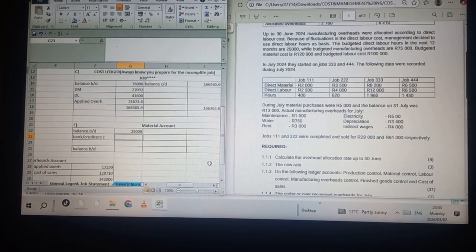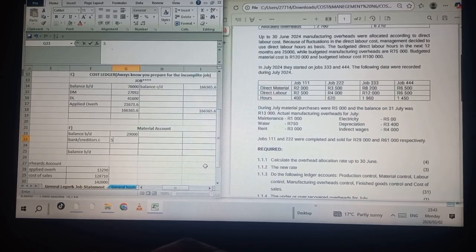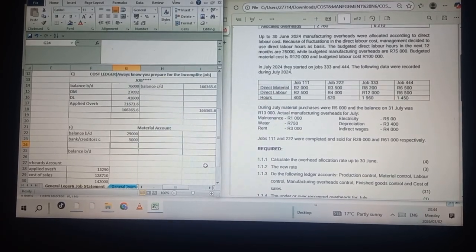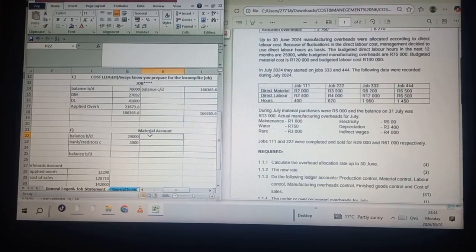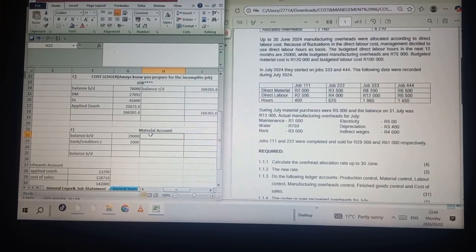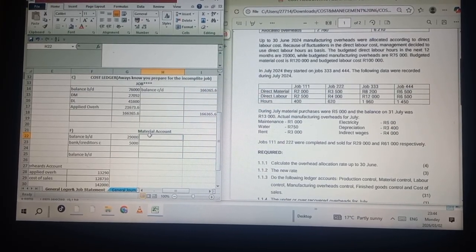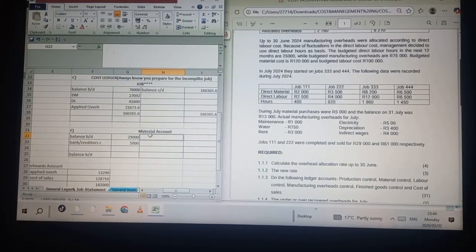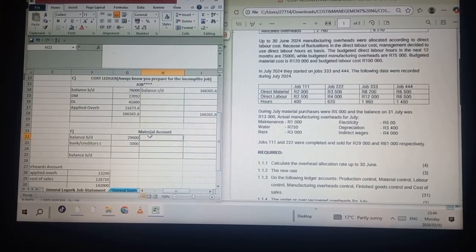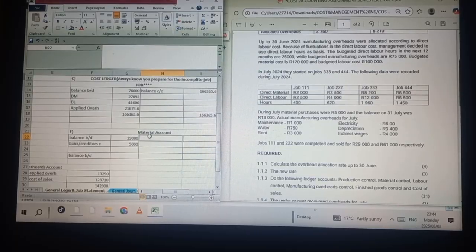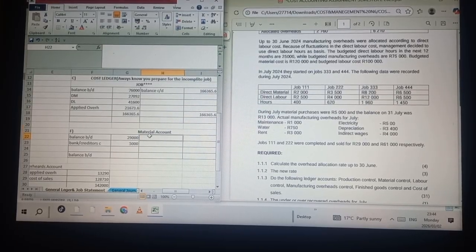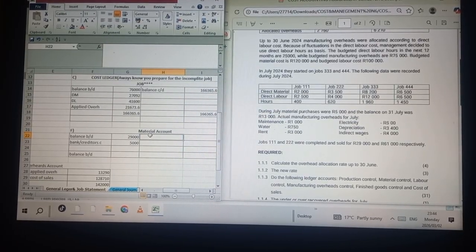For how much? For 5,000. And then on our credit side, remember, material is an asset account. It increases on the debit side and decreases on the credit side. So now on the credit side, we will record the material that we issued. It's either issued to production or to manufacturing, but we always issue material.